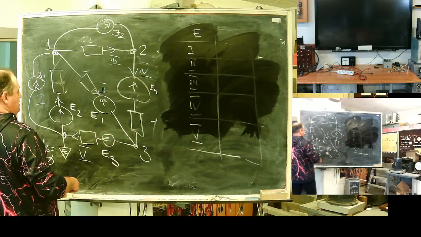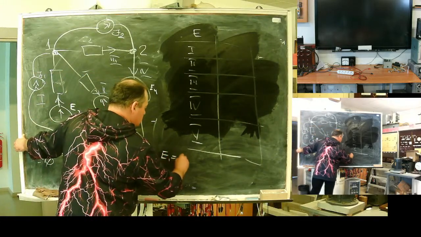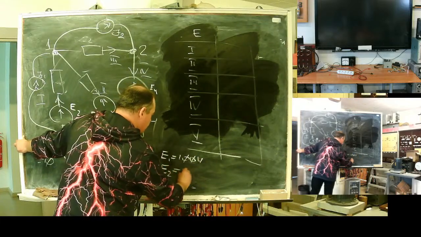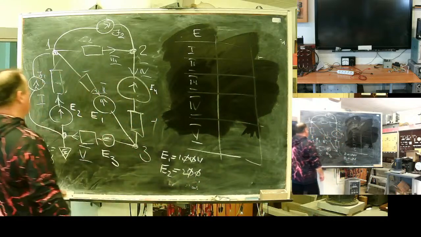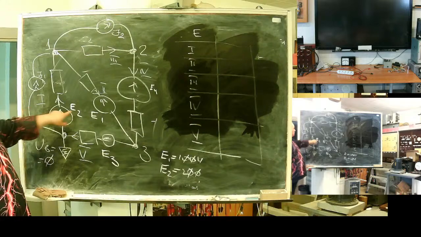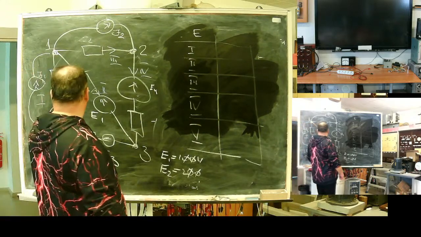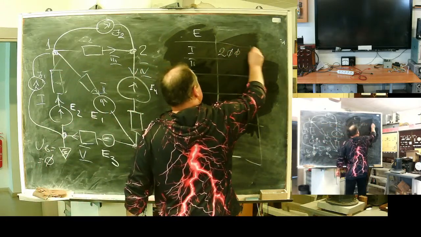For example, let's assume E1 is 100 volts, E2 200 and so on. What do we see in branch number 1? It's E2, yeah? 200 volts with the plus sign.